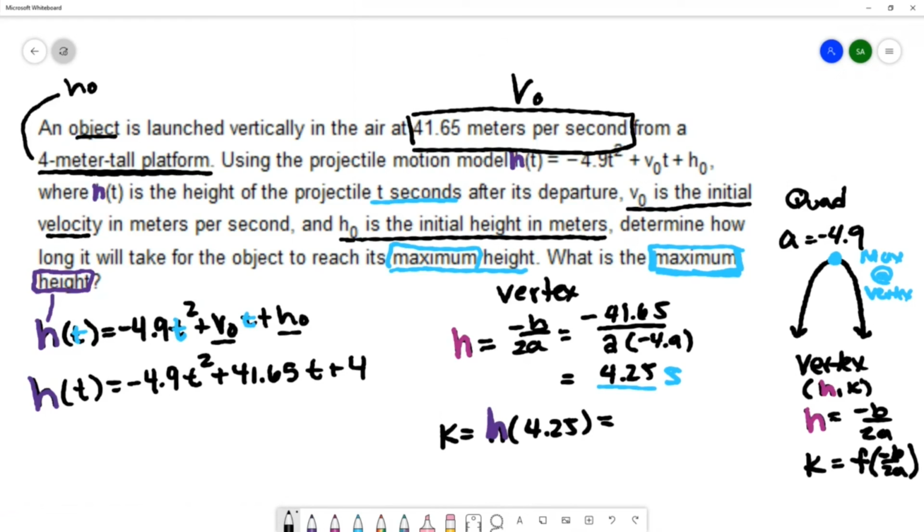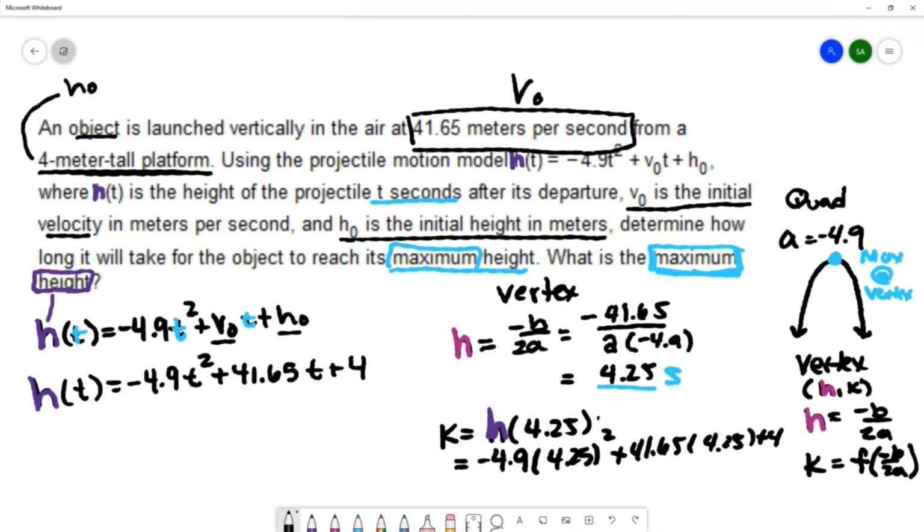And we'll substitute that into our formula for height. I'm running out of space here, so let me write it down here. Negative 4.9 times 4.25 squared plus 41.65 times 4.25 plus 4.